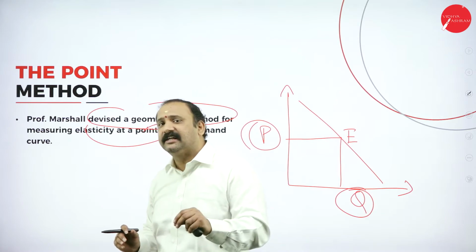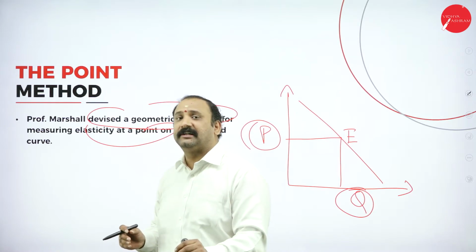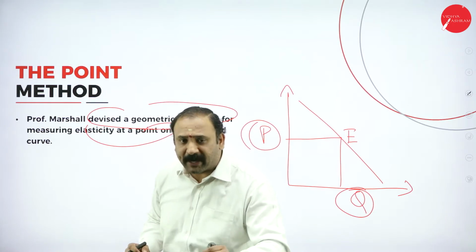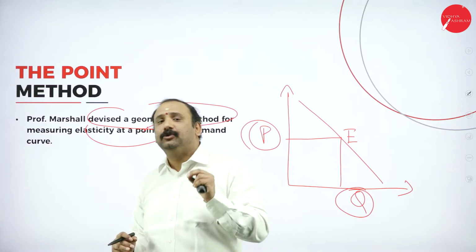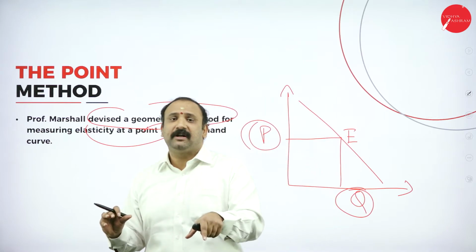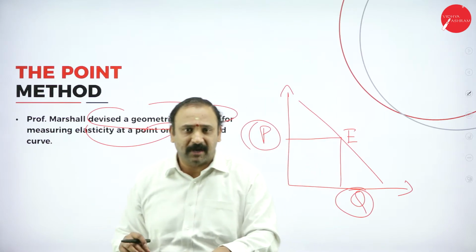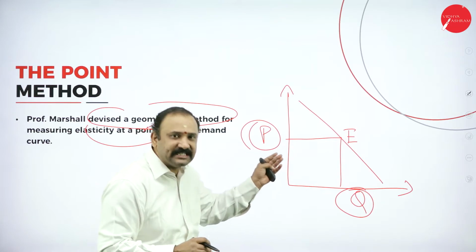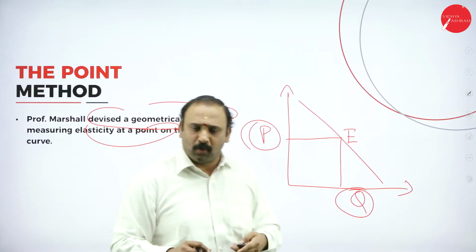For the seller, profit is very important. For the buyer, it is the maximum value gain. So both of them have to come to a win-win situation, and that's where the point method tries to balance price and quantity.